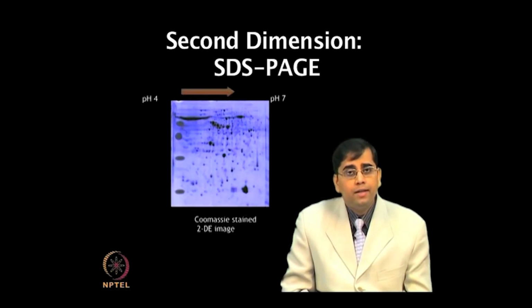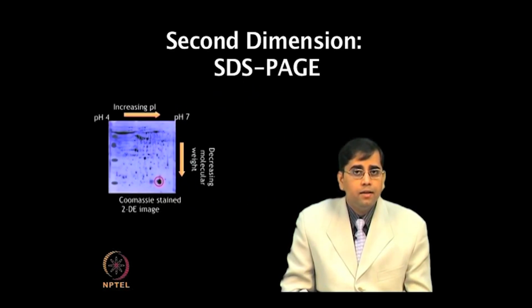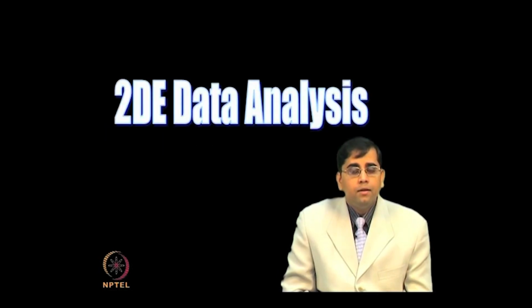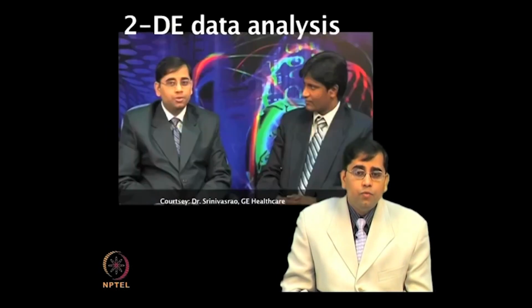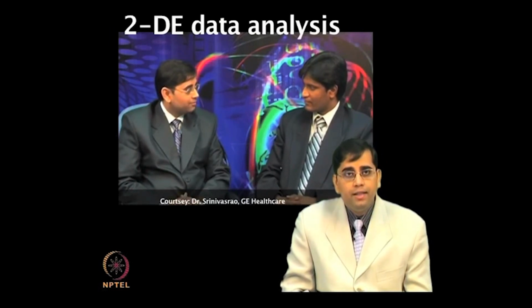Gels can be visualized by different staining methods such as Coomassie staining, silver staining and cyanine dyes. The gel data analysis will be discussed with an application expert of GE Healthcare.